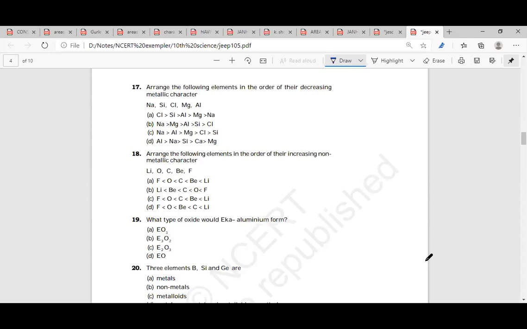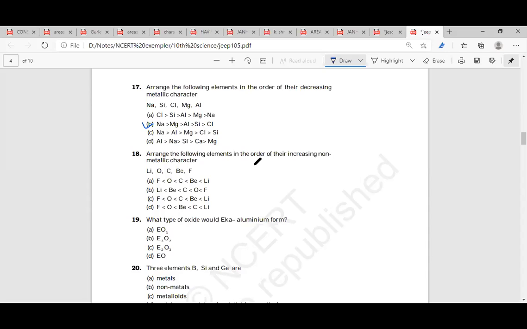Same period. What happens to the metallic character along the period? Decreases. So the second option is right. Sodium is more metallic, magnesium decreases, aluminium decreases, least.